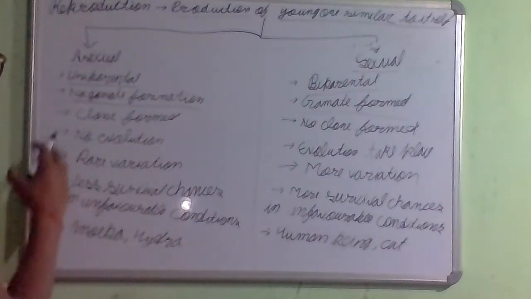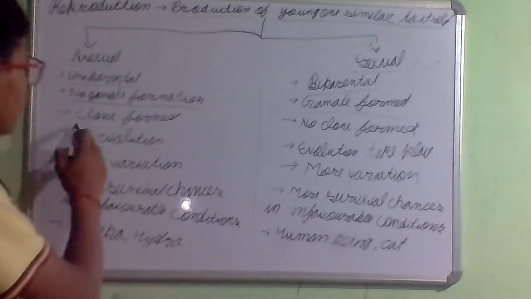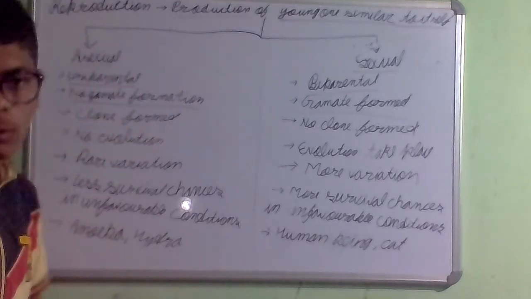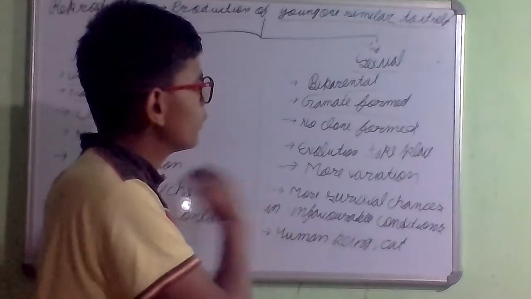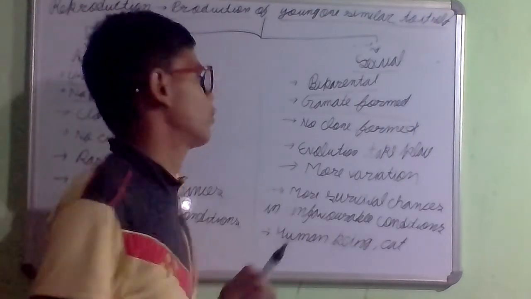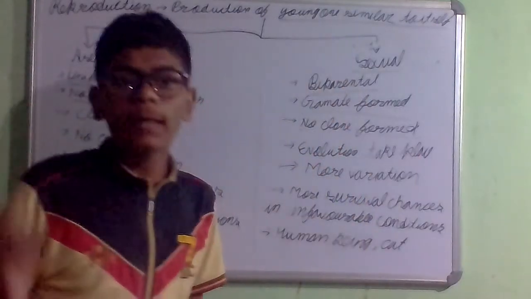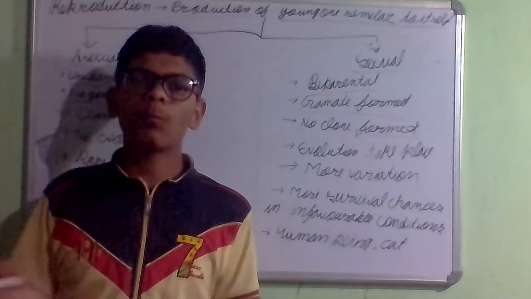The next difference is that in asexual reproduction, clones are formed. I will also tell you about clones after some time. First you have to listen to the difference between asexual and sexual reproduction. Note it down in your notebook. In sexual reproduction, no clone is formed, except monozygotic twins, means two babies born together.